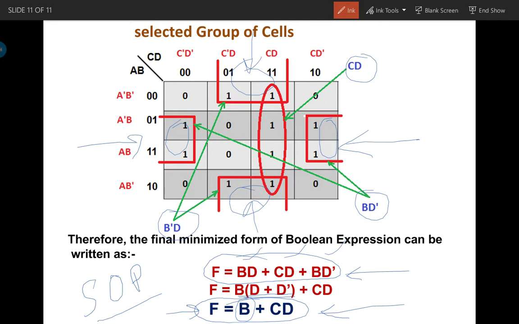So ultimately our aim, while grouping, is to go for a bigger group rather than making small groups. Okay, so in this example we have seen how to solve a 4 variable K-map. In this lecture we have seen one example of a 3 variable K-map and the second example is to solve the 4 variable K-map. So in this way we can go for any expression and we can solve the Boolean expression using K-map.